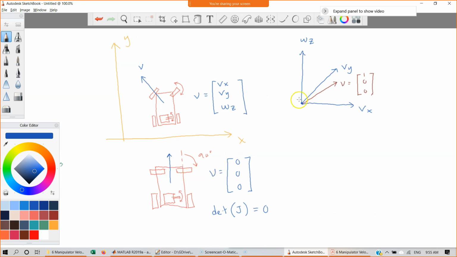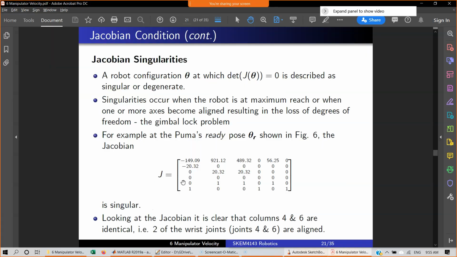So if you want the robot to move like this, for example, this is nu equals 0, 0, 1, you will not be able to achieve this in this configuration. So that's the problem with singularity. Okay, so as much as possible we want to avoid robot singularities.